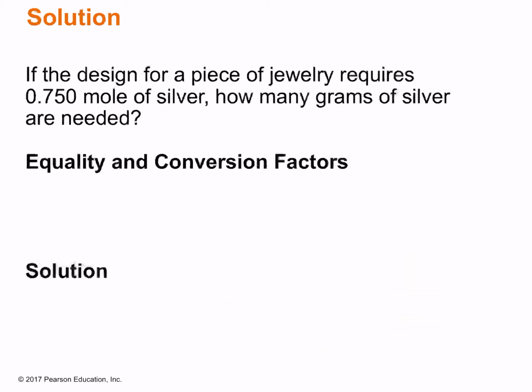So if we look on our periodic table, we can see that 1 mole of silver is equal to 107.9 grams of silver. So that is just from the periodic table. I looked on the periodic table, I found silver, it says 107.9 grams, so I know that the mass is 1 mole. So we can write two different conversion factors, right?